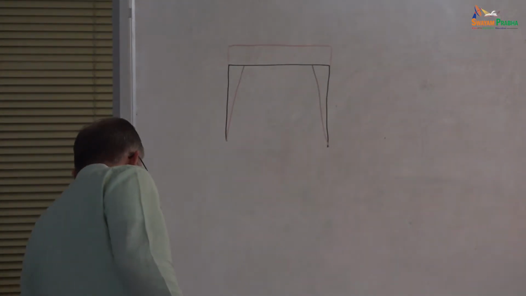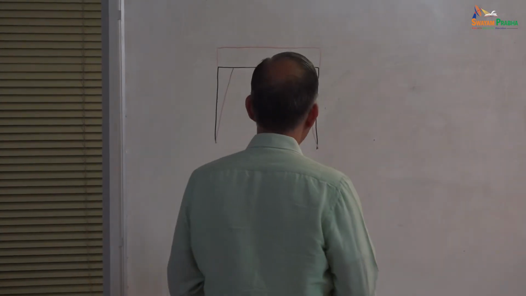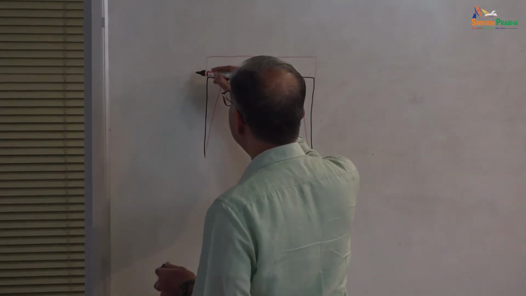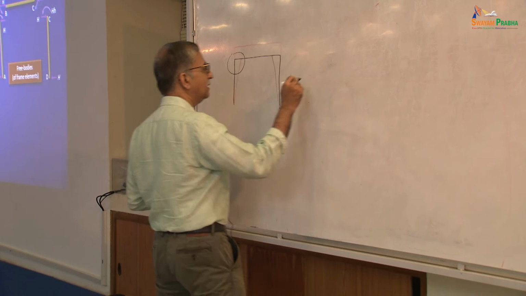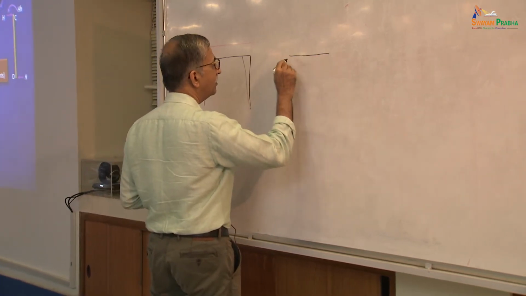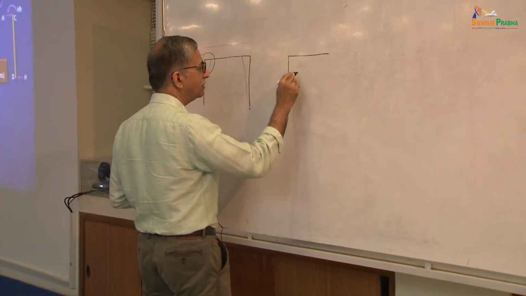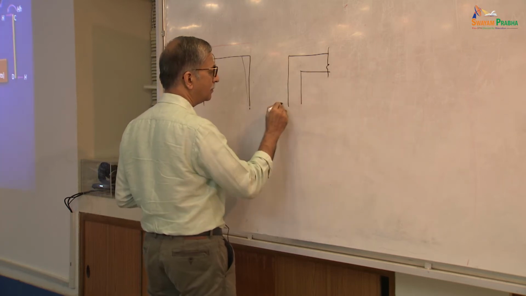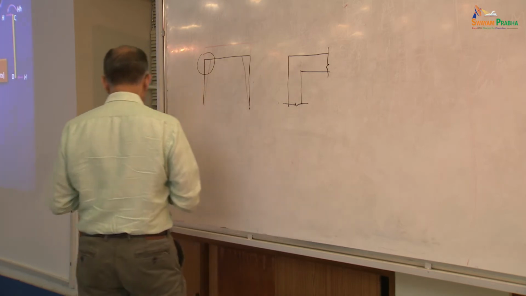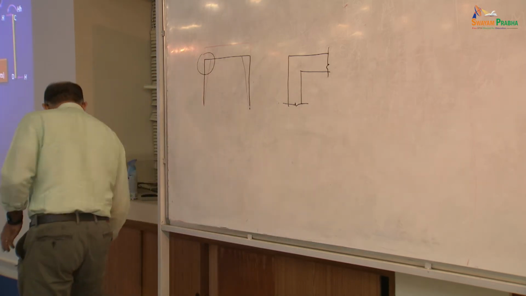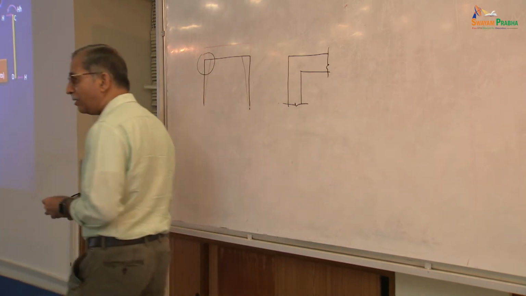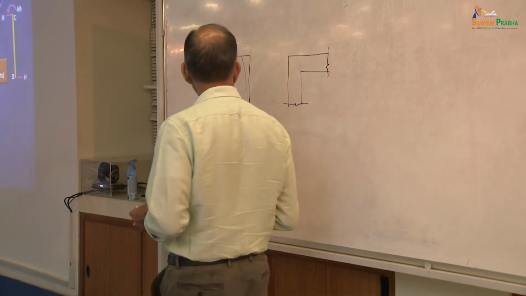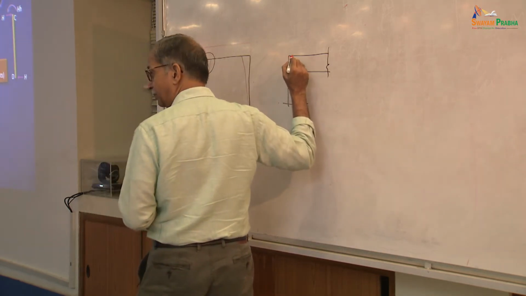Now the point to note is, if you take this junction, this detail, you have a column and beam junction like that. Now, clearly you need steel on the top. That's because you have tension on the top.